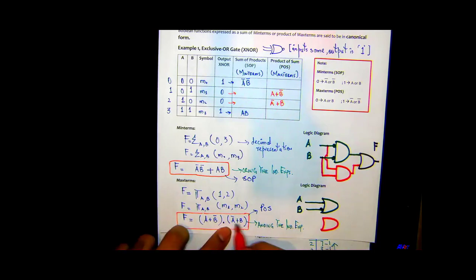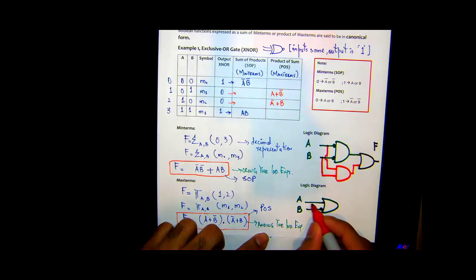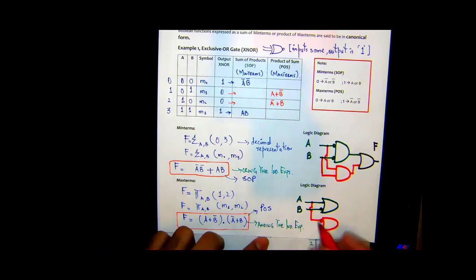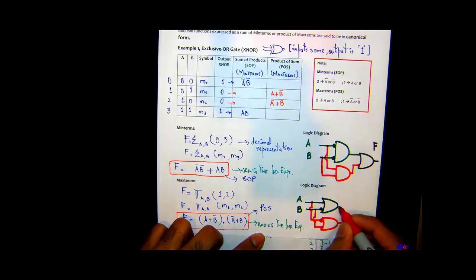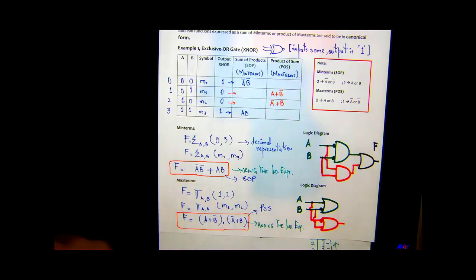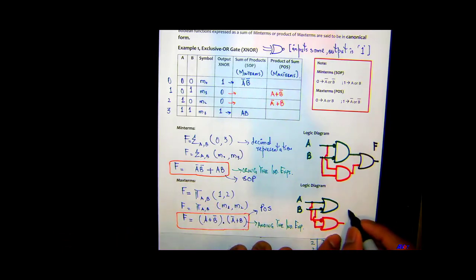Okay, so A bar plus B. A bar, so bubble here, and then B right here. And they go into an AND gate.